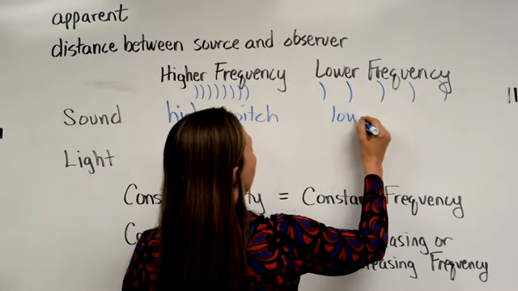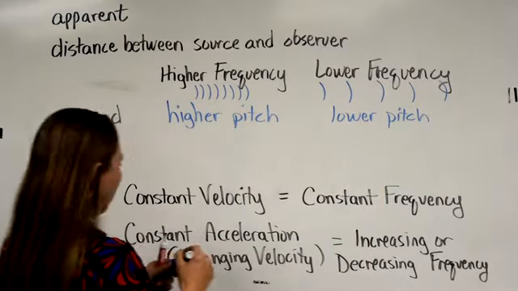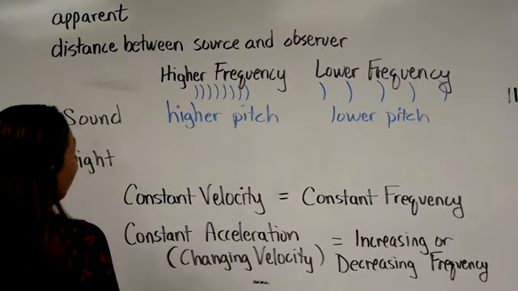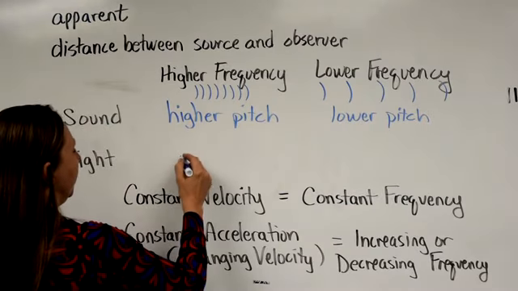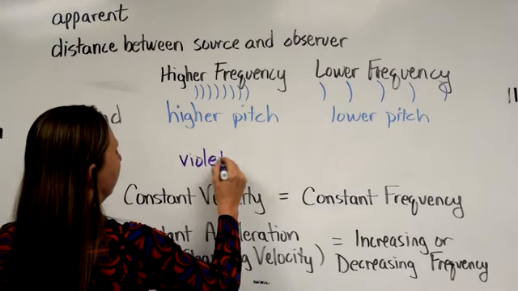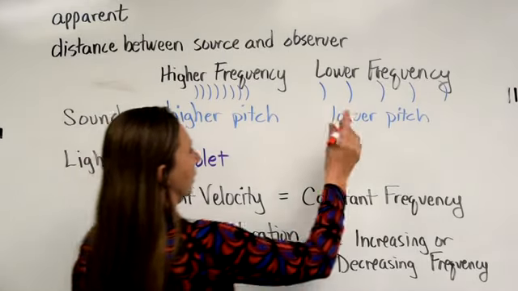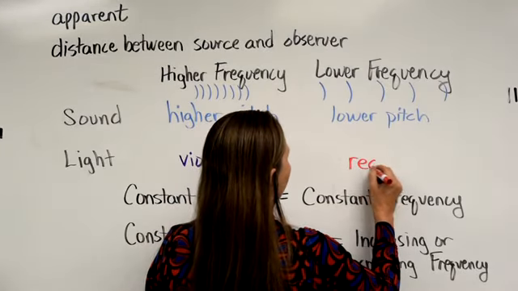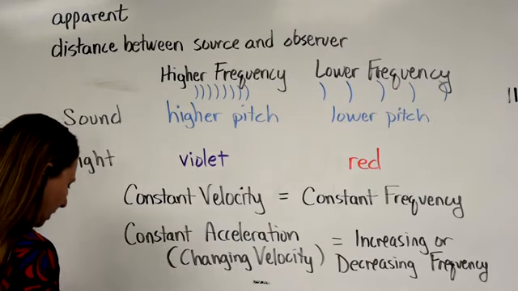That's going to be a lower pitch. For light waves, a higher frequency is going to appear violet. It's going to shift toward violet or blue. A lower frequency is going to shift toward the orange-red end of the spectrum.